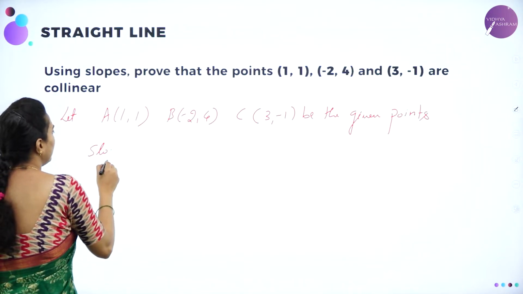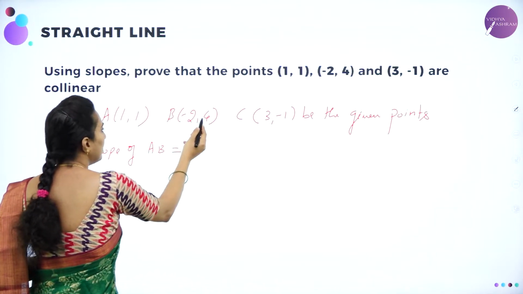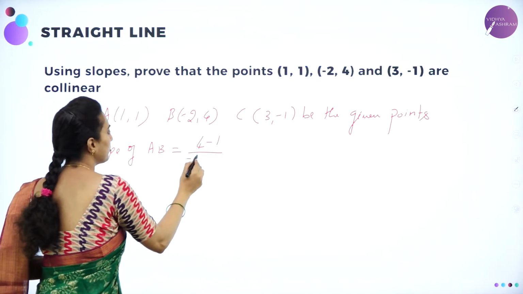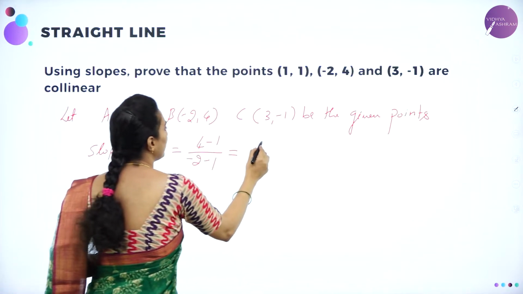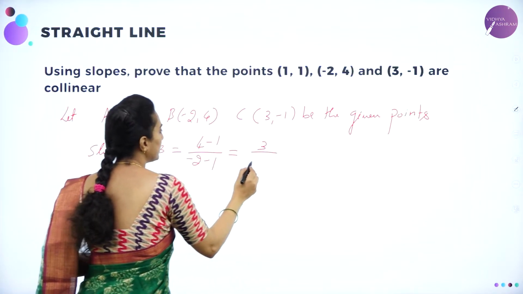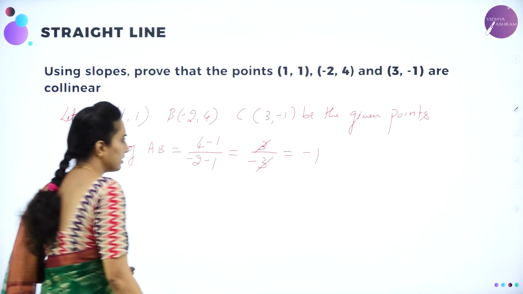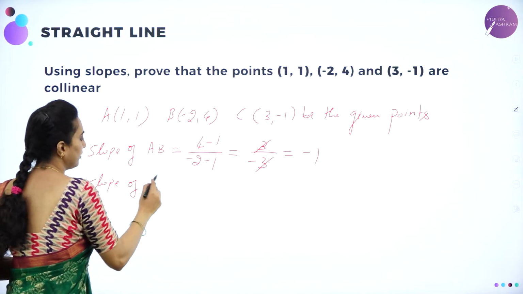Slope of AB is y2 minus y1, that is 4 minus 1, divided by x2 minus x1, minus 2 minus 1, which is 3 divided by minus 3, which cancels to minus 1 as the answer.